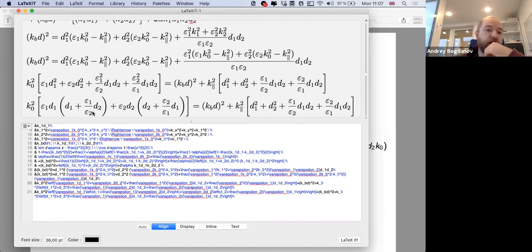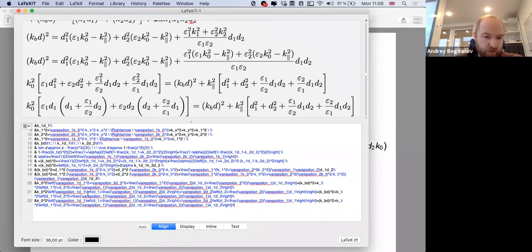It seems this is quite reasonable. I could write the expression inside these parentheses as a single fraction. You see? Let me rewrite this. So I just need to take a sum here, inside the bracket.